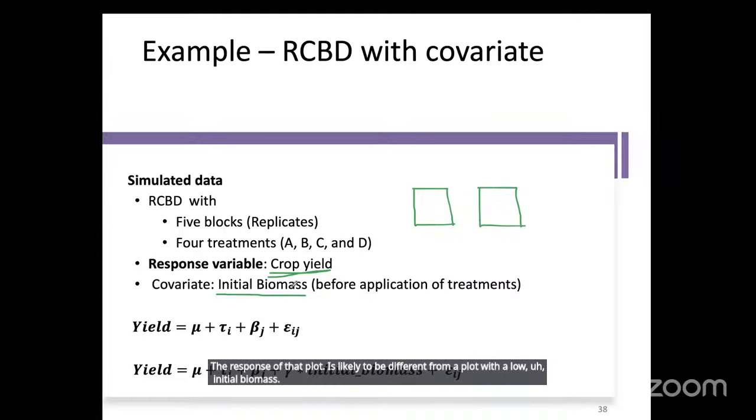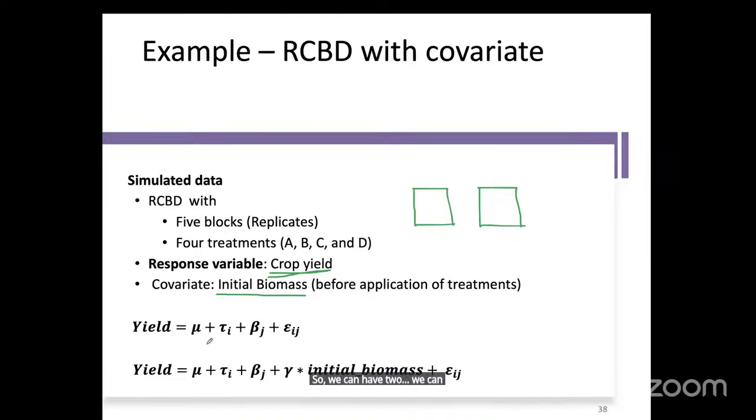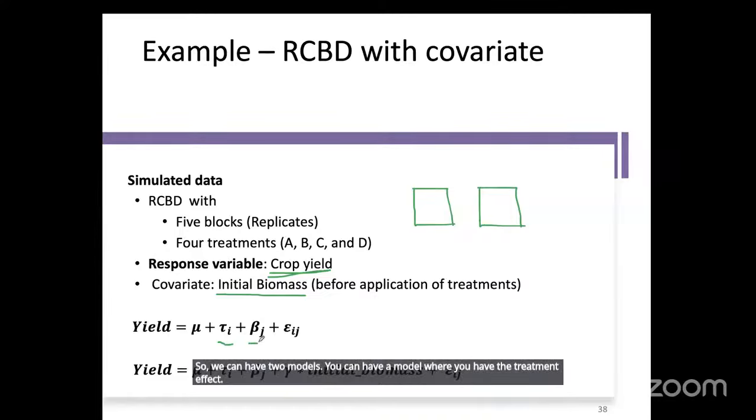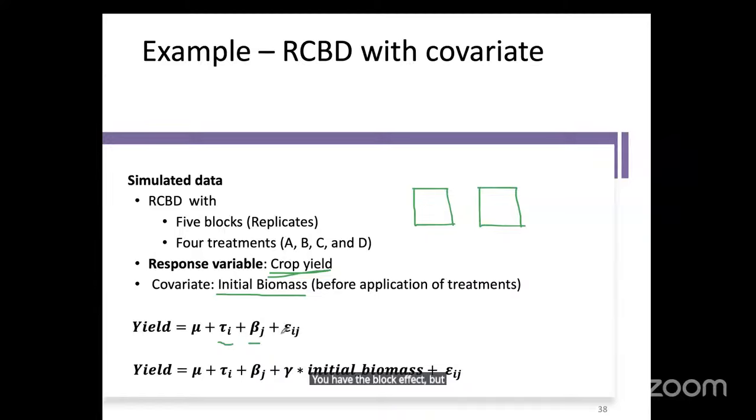So we can have two models. You can have a model with the treatment effect and the block effect, but you don't control for the initial mass. Then you can have this one, where you bring in this last part here. This first one is our analysis of variance that we all know about, ANOVA.